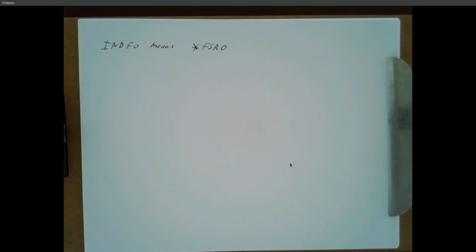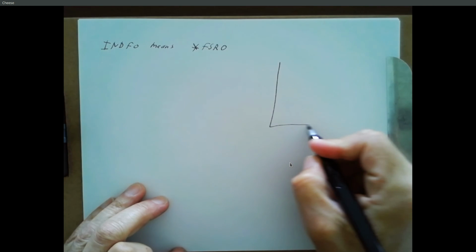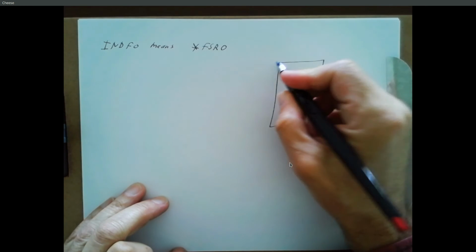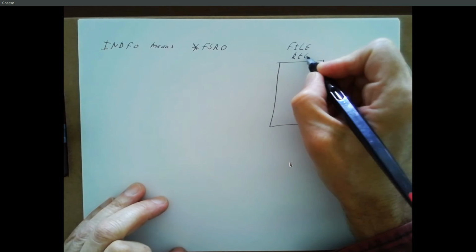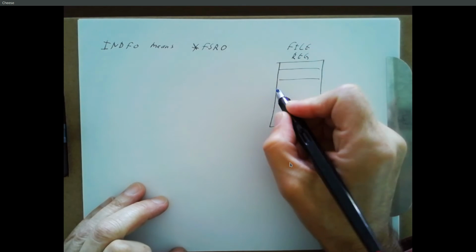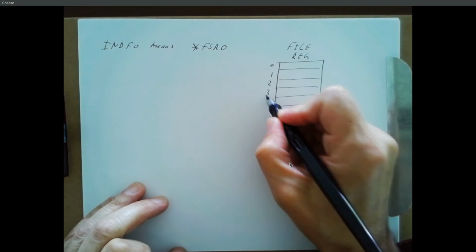It's the thing that FSR0 points to. It's a file register, but it's not a physical one. INDF0 is.